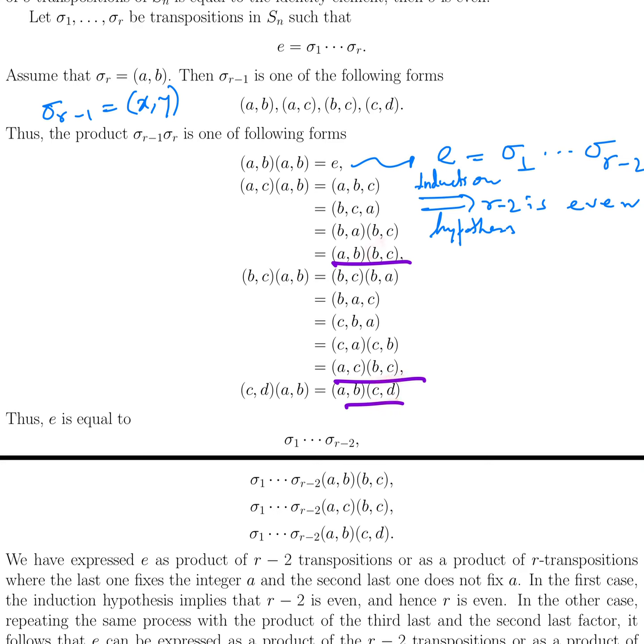So note that these three transpositions, note that this one, and this one, they fix A. So these yellow ones fix A. And now if you look at this violet ones, you'll see that they do not fix A. Okay, so that is the trick that we have done.